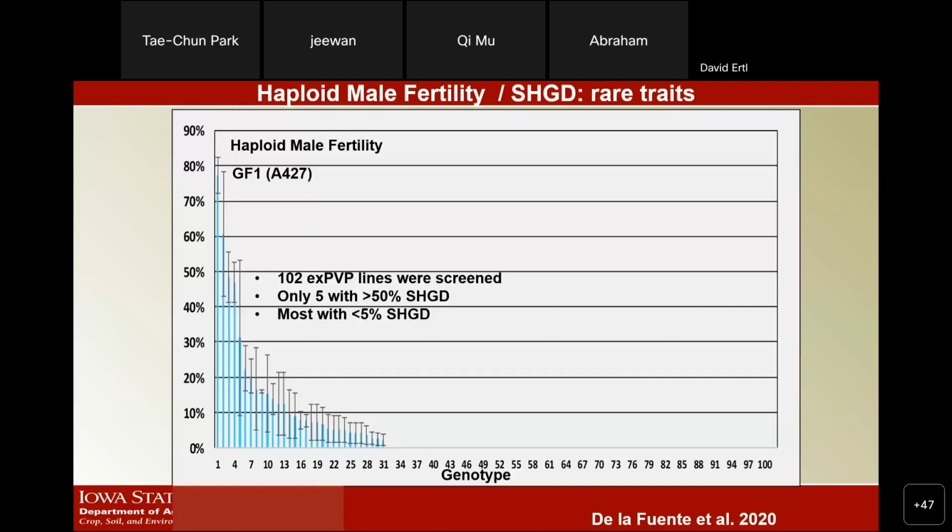So the question was, can we find genotypes that have a substantial contribution to male fertility, and in particular haploid male fertility? From literature, it was known that there's still a certain level of haploid female fertility. If you pollinate haploids with pollen from diploid plants, you get seed in more than 50% of the plants, whereas the male side typically is sterile.